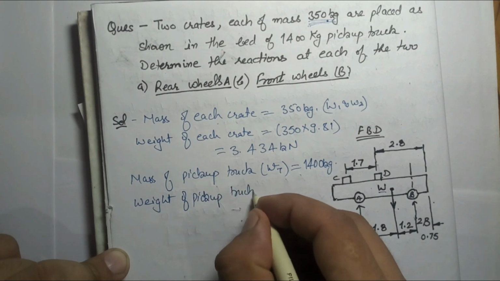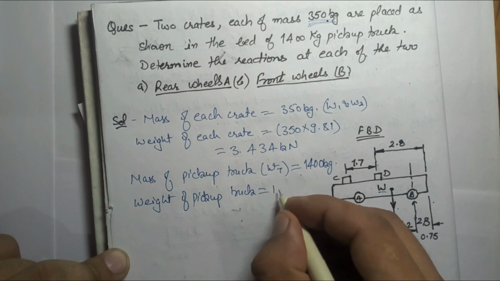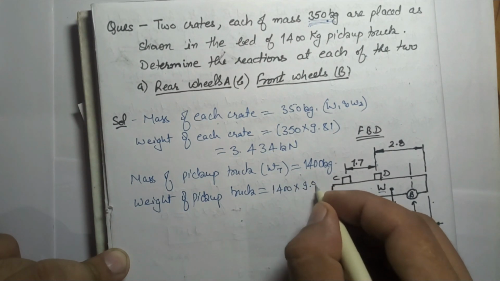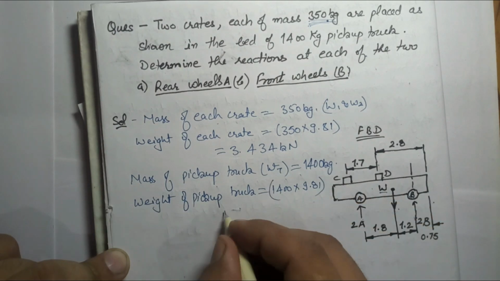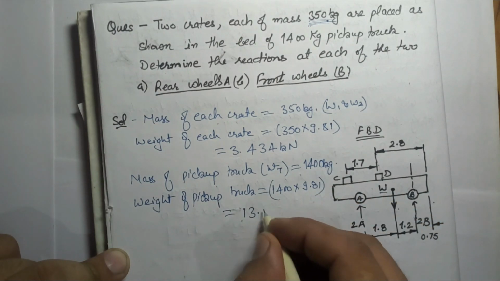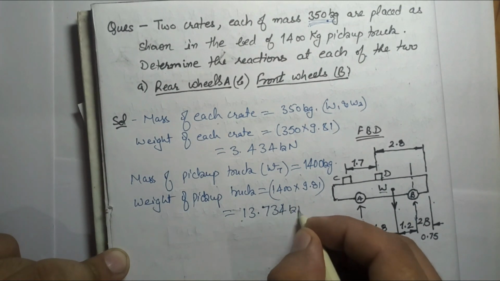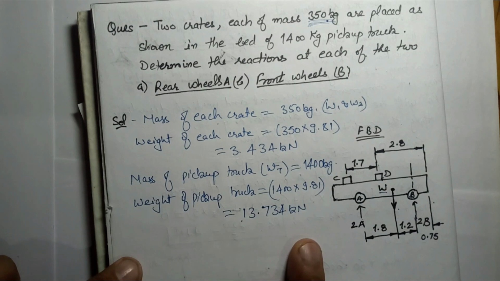So again we multiply the mass with 9.81, we get the exact weight. After calculation I am getting 13.734 kilonewton. So these are the two values.